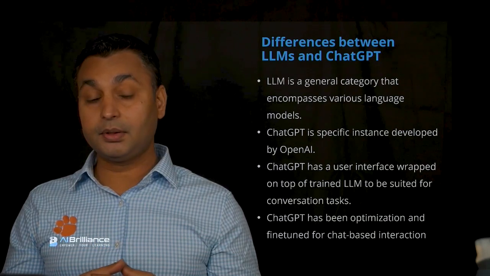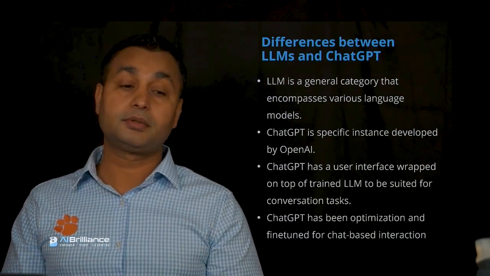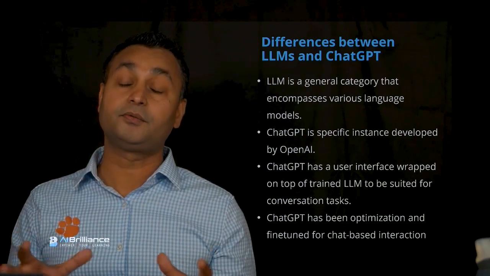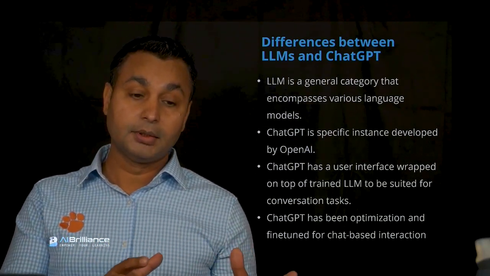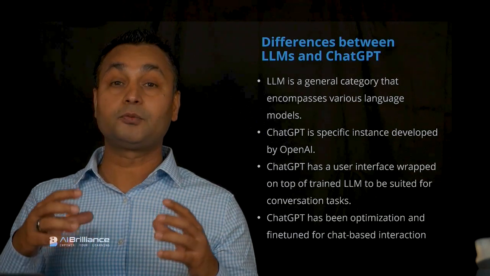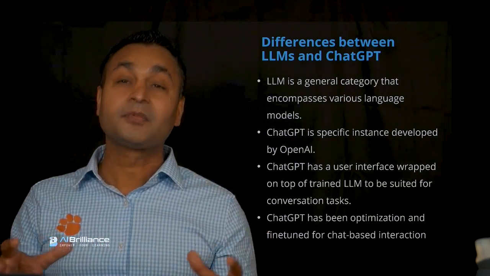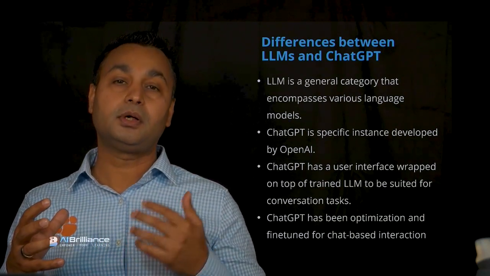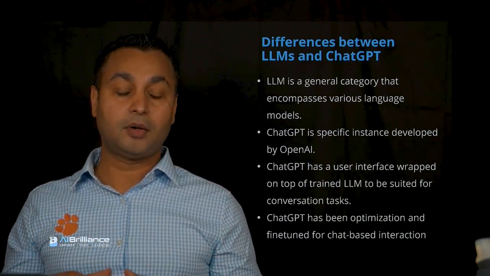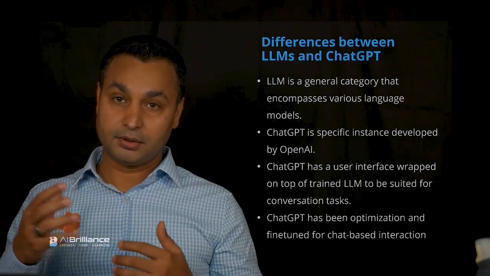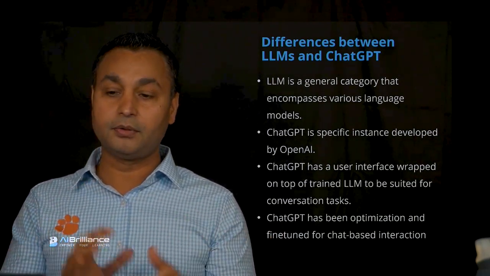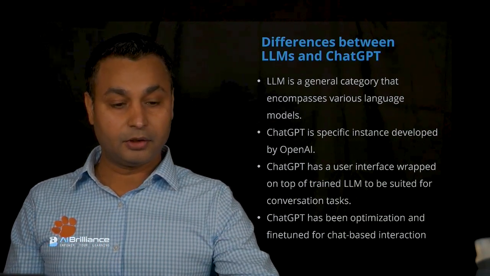The current ChatGPT interface uses GPT-4, which is the specific instantiation of the large language model that we are talking about. So the large language model in this case is GPT-4, but ChatGPT is the interface wrapped upon it, which is more focused on conversational AI or optimized for text-based interactions with users.